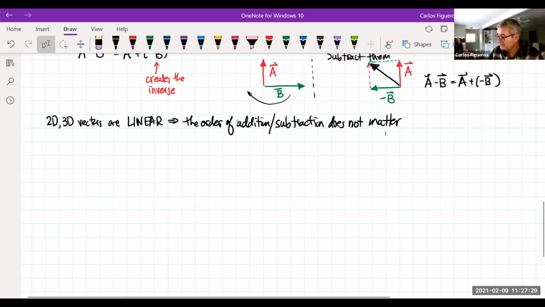Well, let's create three vectors here. How about if I create an A vector? Let's say that my A vector is this long right here. Okay, so here's my A vector. And then let's say that I have some B vector, a shorter vector that goes something like this.